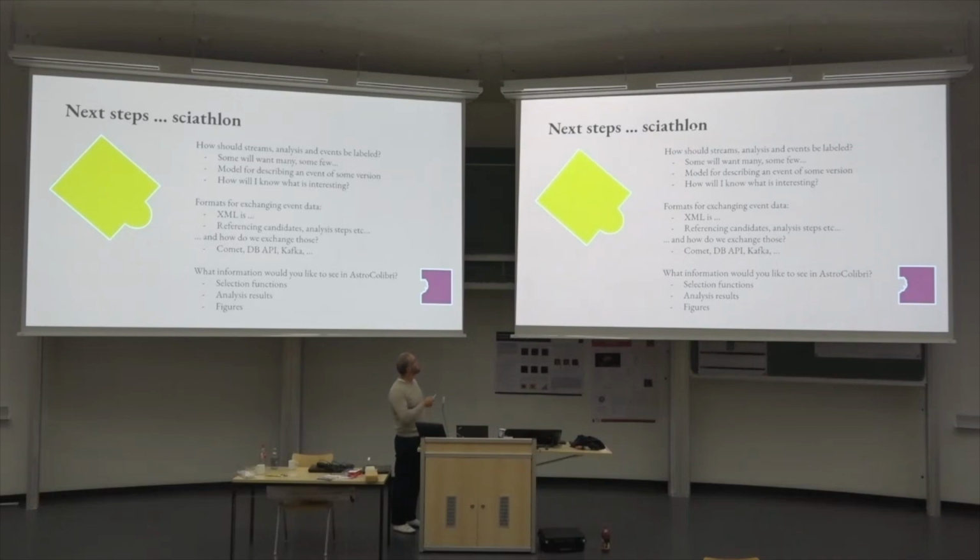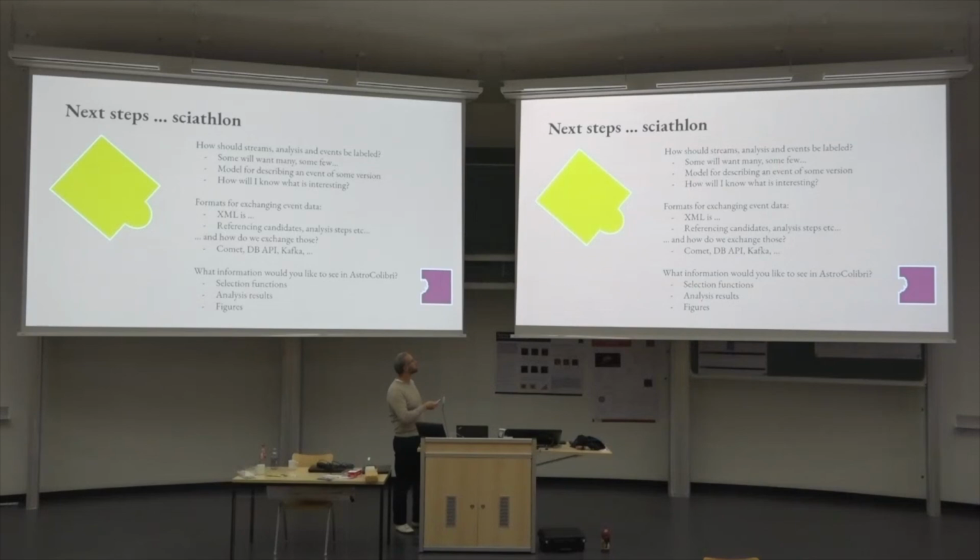So one question that I really have no idea how to answer is we will be seeing all sorts of streams that are coming from different distributors, and some of them will have a common origin, like the alert distribution from some of the large facilities. Some will not.